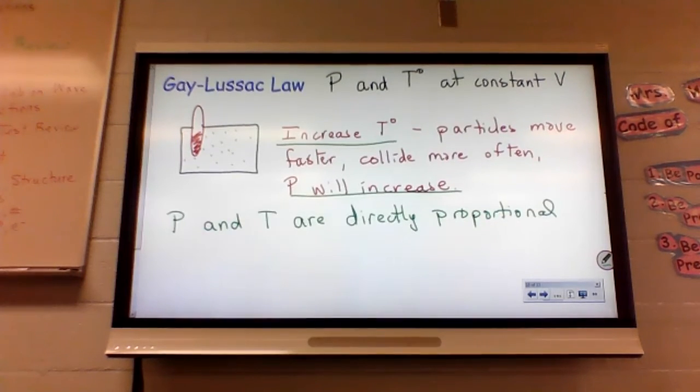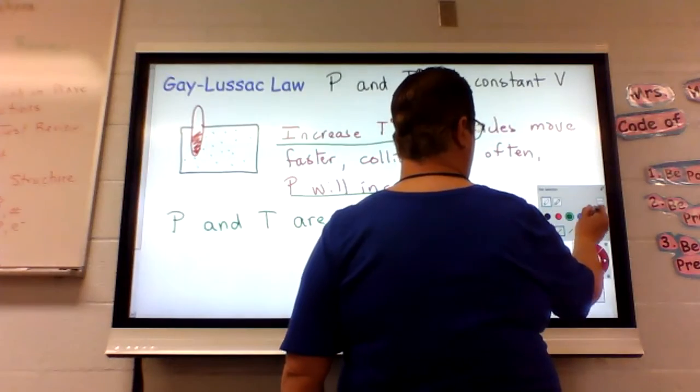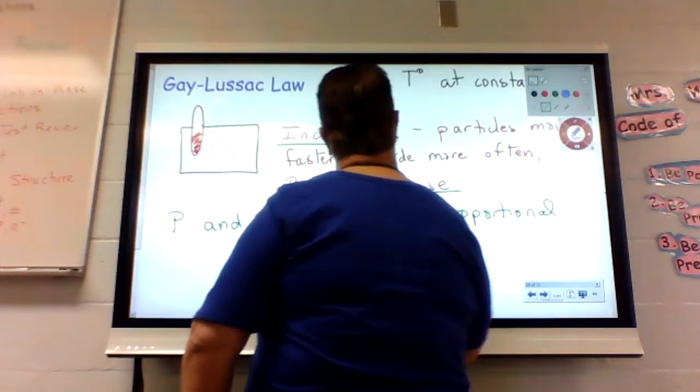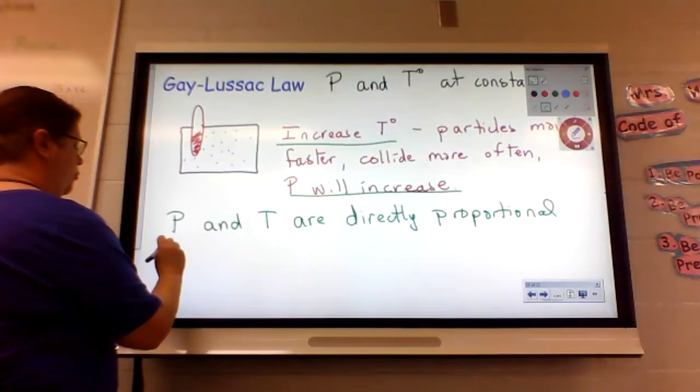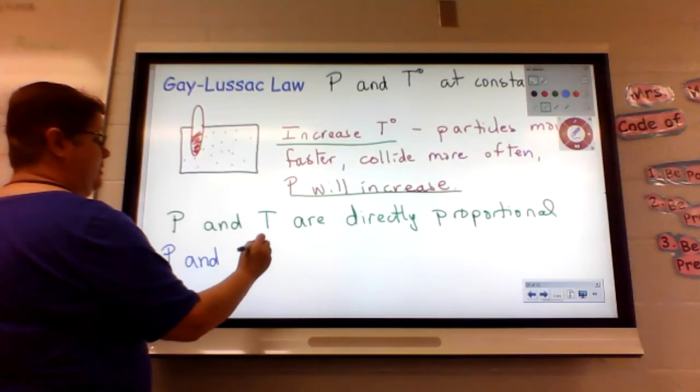So to write this law, again, it's worded almost identical to Charles' law. I don't really like it. Well, I can't fix that. Pressure, and again, we have to qualify it because it's temperature.